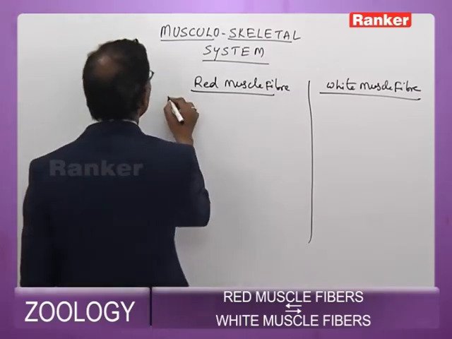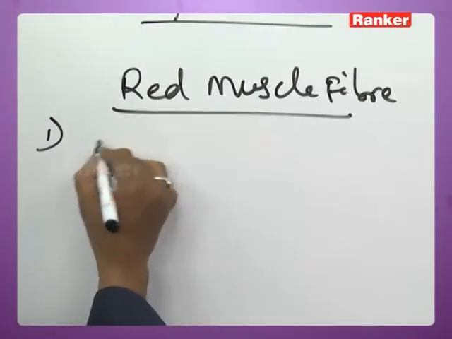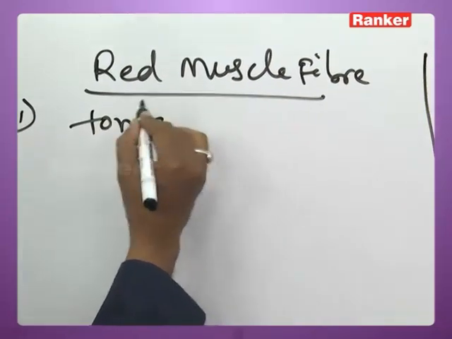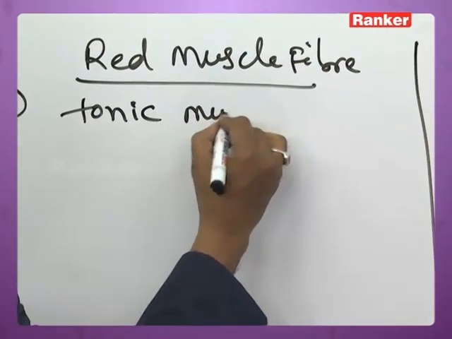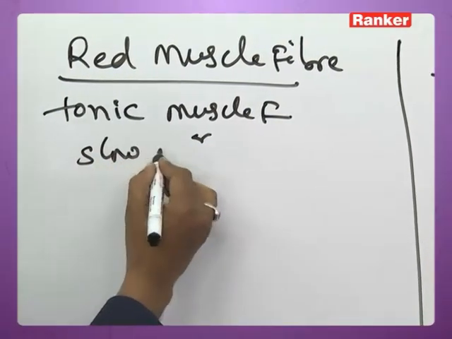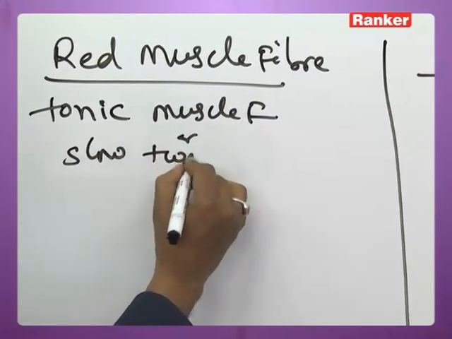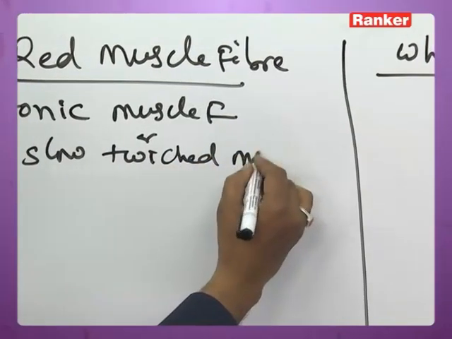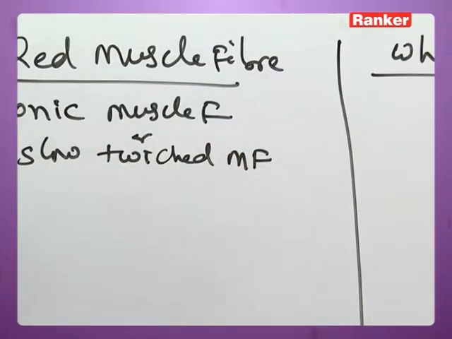Red muscle fibers, dear students, are also called tonic muscle fibers or slow twitched muscle fibers.